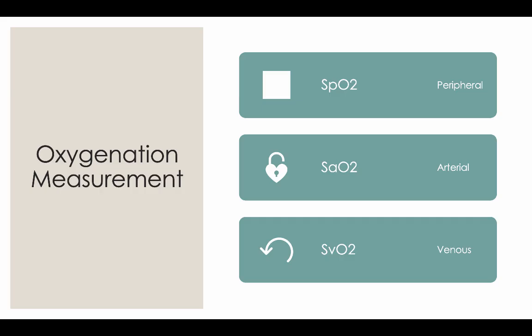This is a peripheral measurement of oxygen from the capillary bed, and we're typically measuring and reporting SpO2, but we can also measure SaO2 at the arterial level and SvO2 at the venous level. Now, SaO2 and SvO2 take a little bit more invasive measures to obtain, other than our simple SpO2 probe.